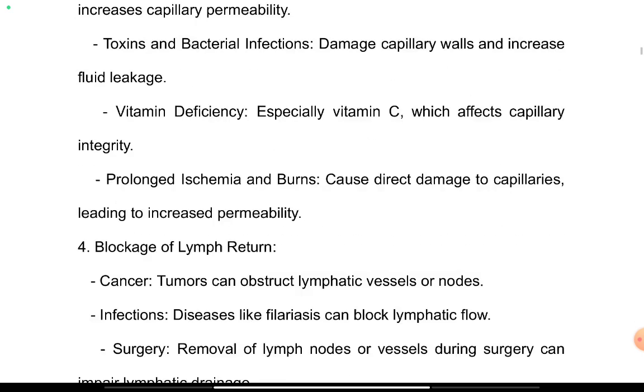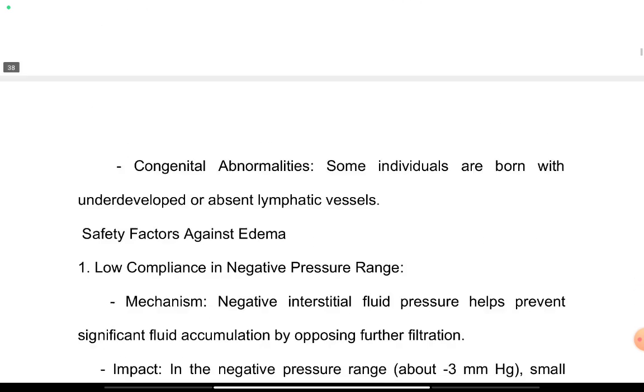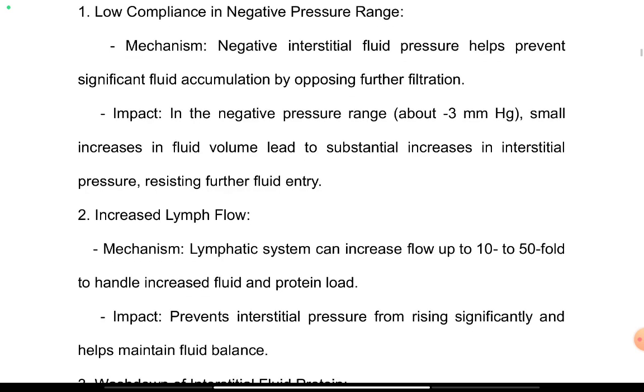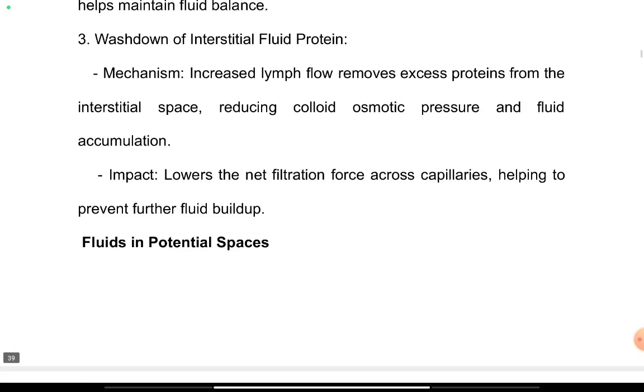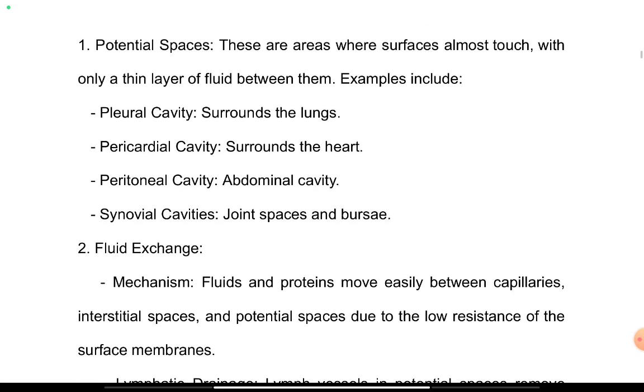So there are many other causes of increased capillary permeability, like blockage of lymph return; all this has been explained. Now let's look at fluid in the potential space.